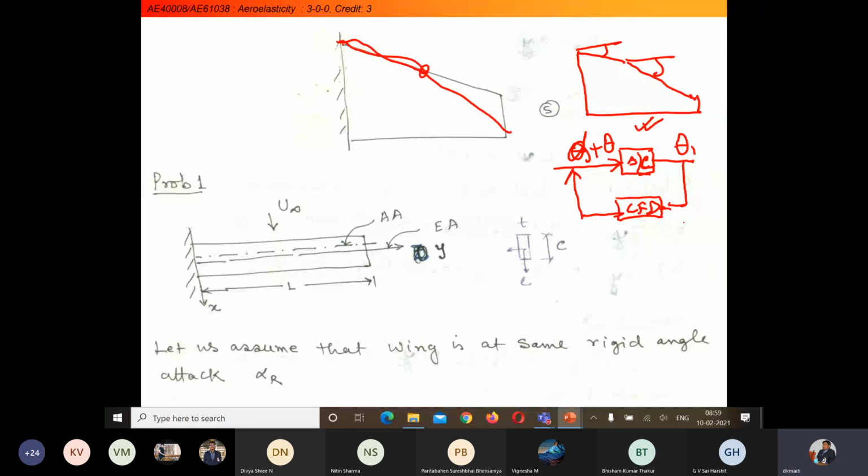So, the first problem I am taking here is, let's say, a straight rectangular wing, where this is our aerodynamic axis. In the aerofoil we have considered the aerodynamic center. Connecting all the aerodynamic centers for the entire span gives the aerodynamic axis.